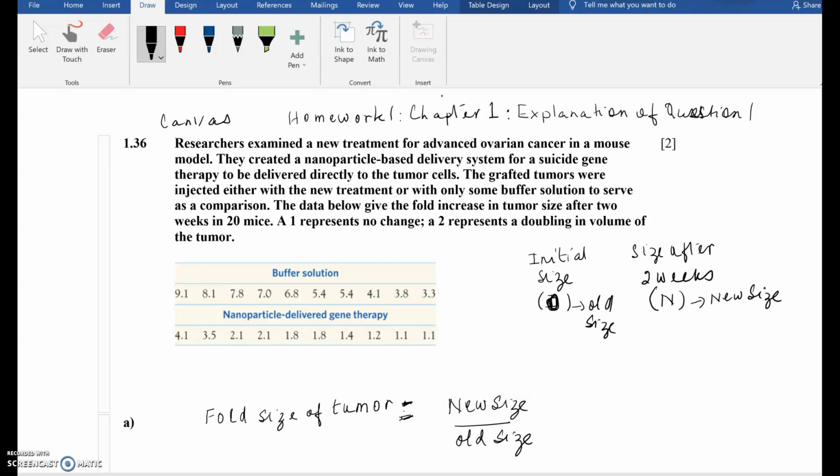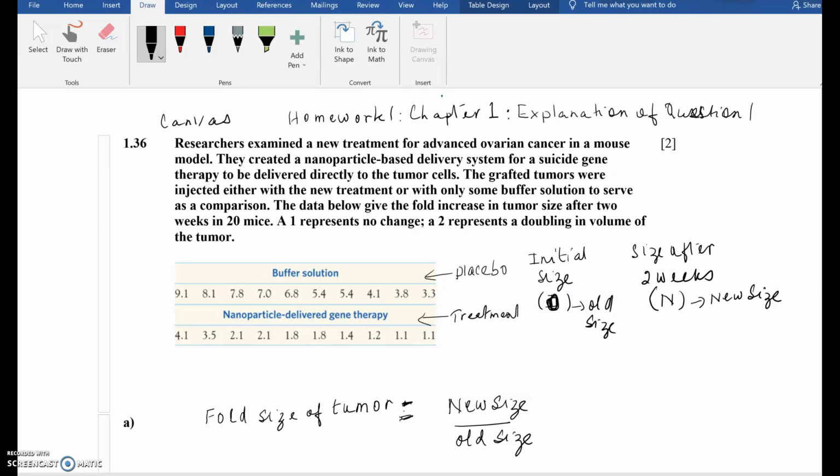So what they're doing is they're injecting tumors with either a placebo, which is a buffer solution. Basically, it's nothing, or the actual treatment, which is the nanoparticle delivered gene therapy, which is injected directly into the tumor. And this is the actual treatment.